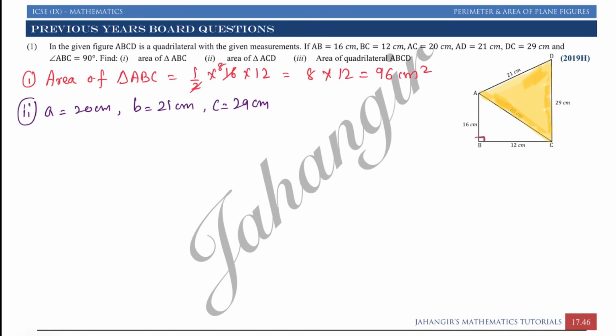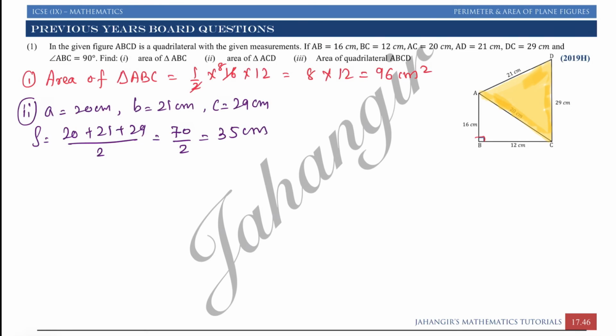So to find area of triangle by Heron's formula, we have to find semi-perimeter, that is 20 plus 21 plus 29, divide by 2, that is 70 by 2, which is 35 centimeter.